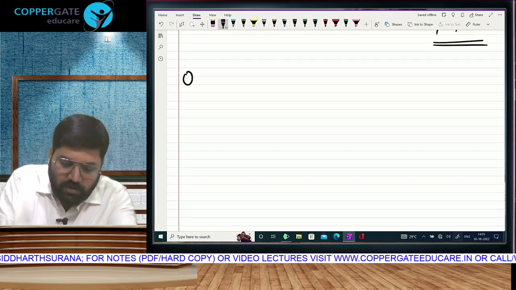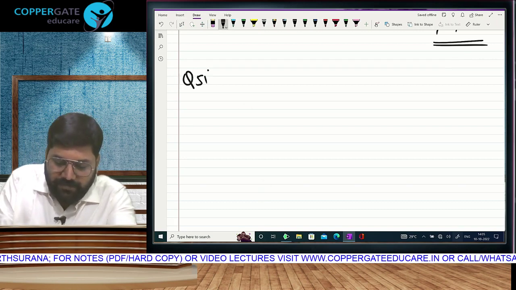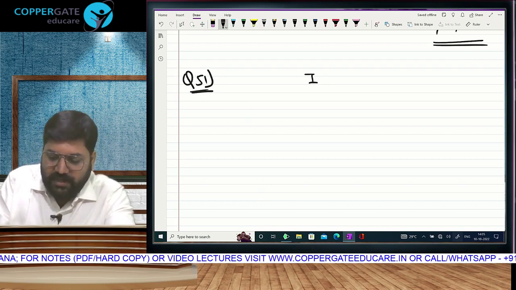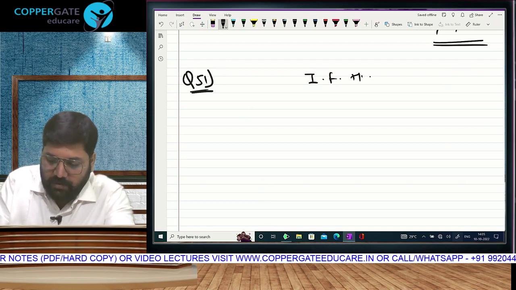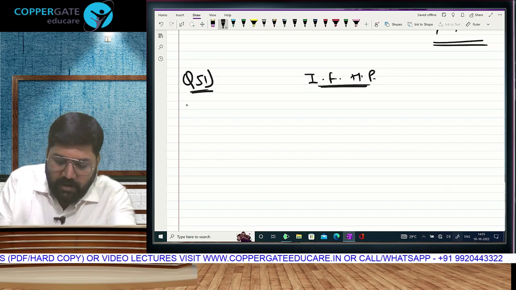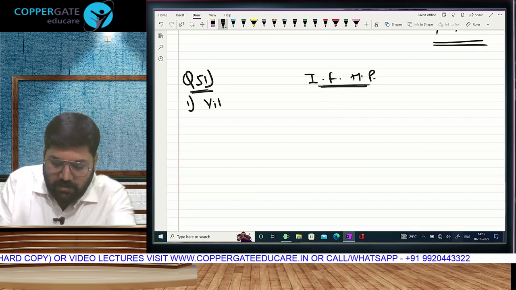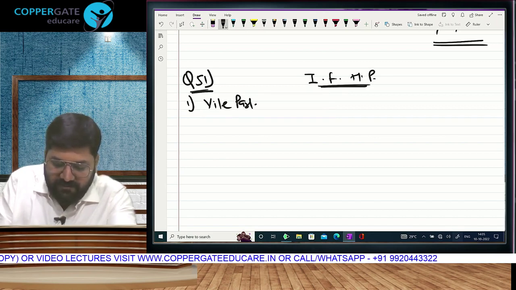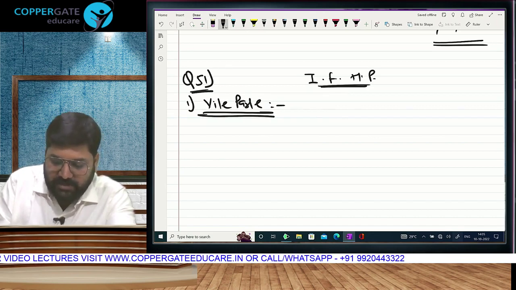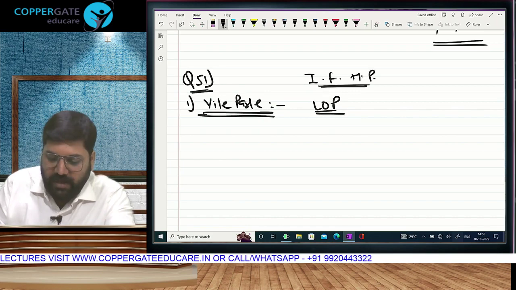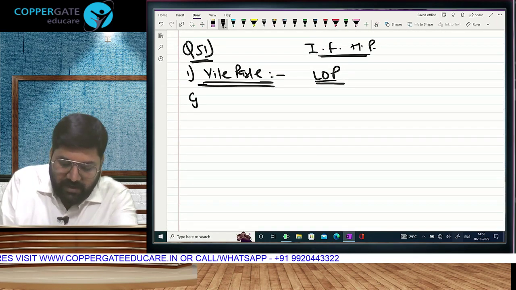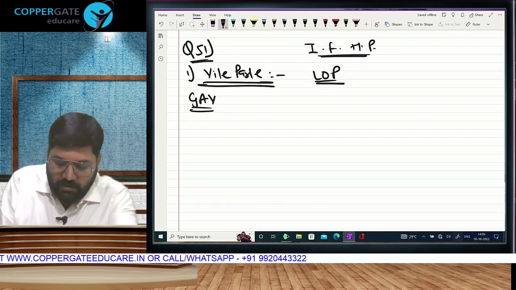तो मित्रों, question number 51. Question is asking you to compute income from house property. एक एक करके करेंगे. First, Vile Parle. Every time we write a property, इसके बाजू में write nature. Nature is let out. Why? It will help you to decide that we have to first take gross annual value.